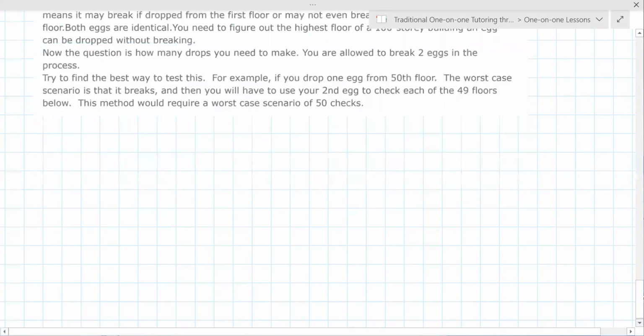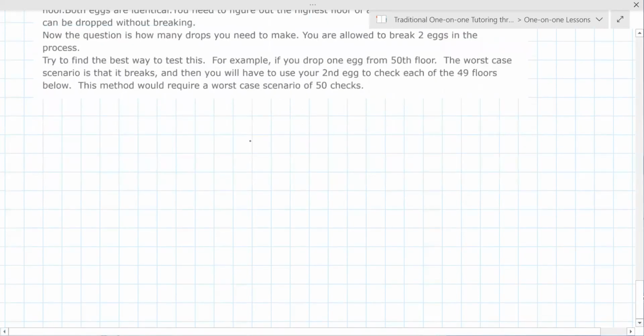Yeah, so this is one of those problems where you don't actually get an answer, you get a scenario out of it. Let me try to explain this. Let's say you drop it from the 3rd floor, and there's 2 possibilities. It could break or not.